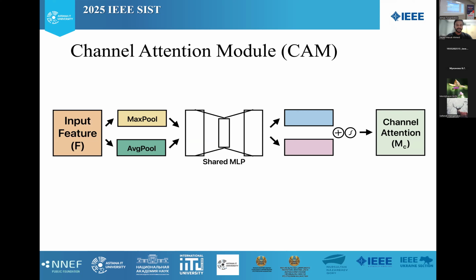First we are inputting, then we have two layers, max pool and average pool. Then it is going through the shared MLP. And we have two blocks for channel attention. The outputs we're getting from the MLP are passed through a sigmoid activation. And then we are getting the final output.